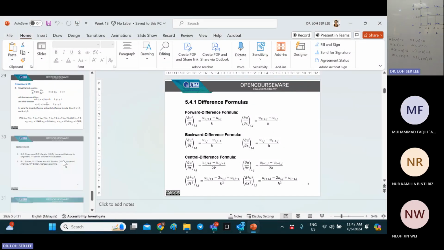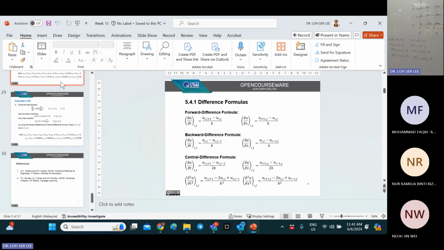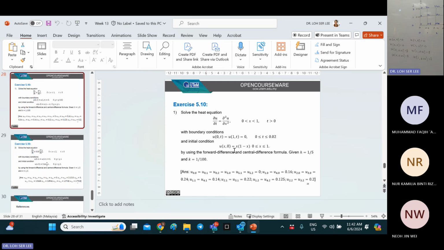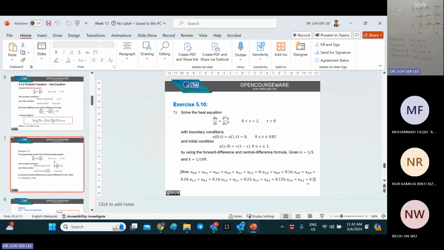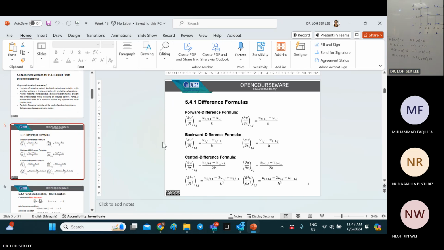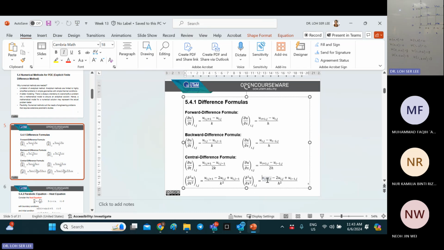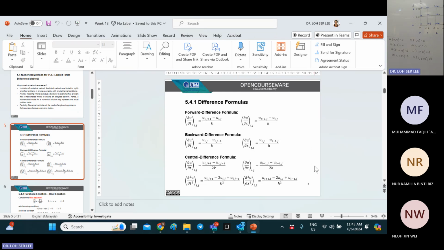According to the question, we need to use the forward and central difference formula. Okay, forward and central difference. So for UXX, we use this one, and for the UT, we use this. So we substitute these two into the PDE.